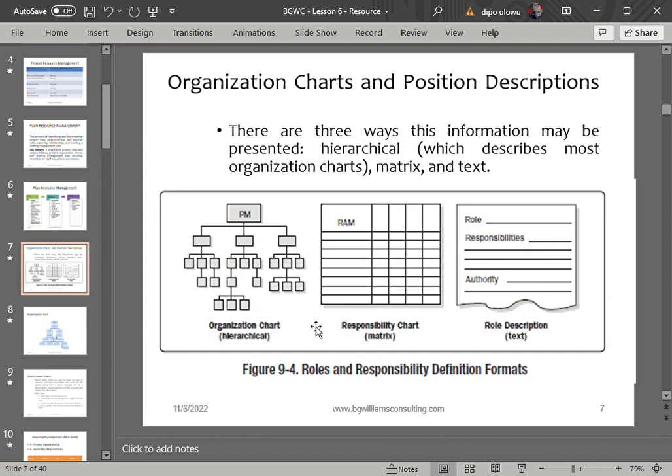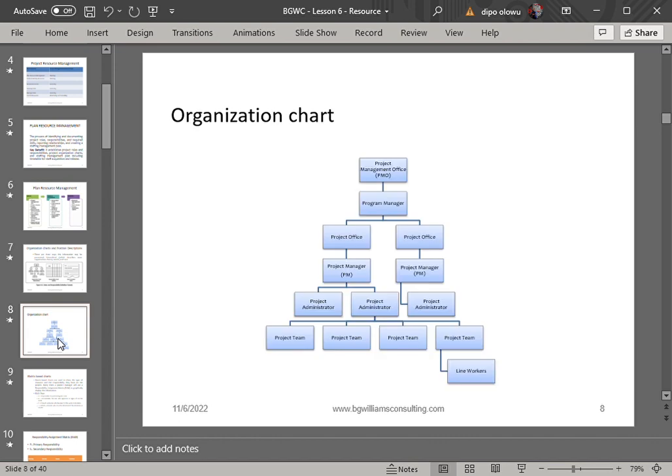The second format is using the responsibility chart, while the third format is using the test-oriented chart. These three different formats can be used by the project manager to assign roles and responsibility to all the resources that will be used in that particular project.